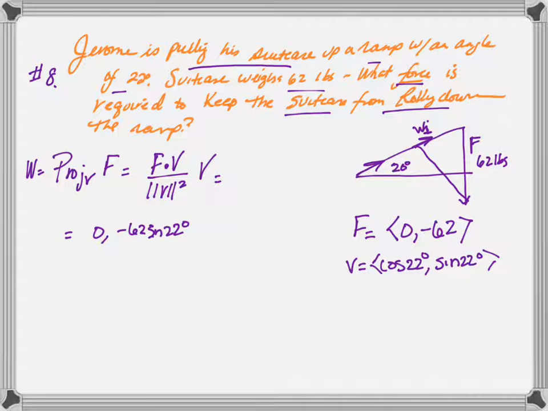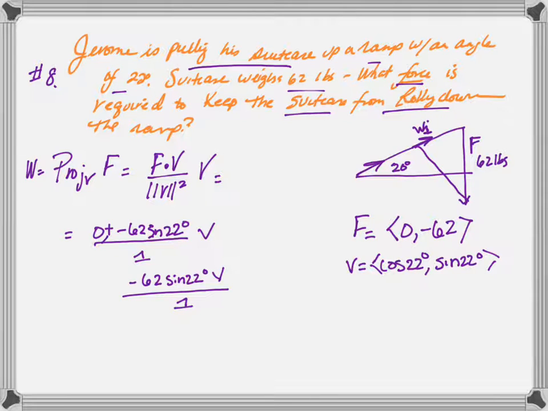That would be the dot product, over 1, because we're using the unit vector, times V. So we get negative 62 sine 22 degrees and V over 1.